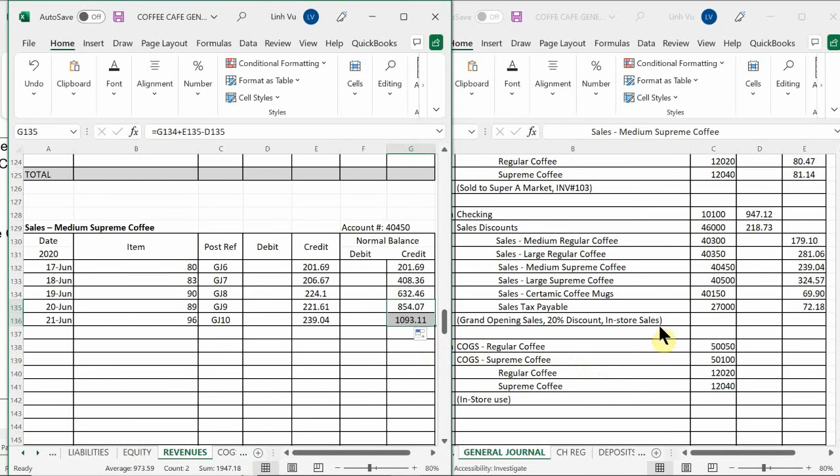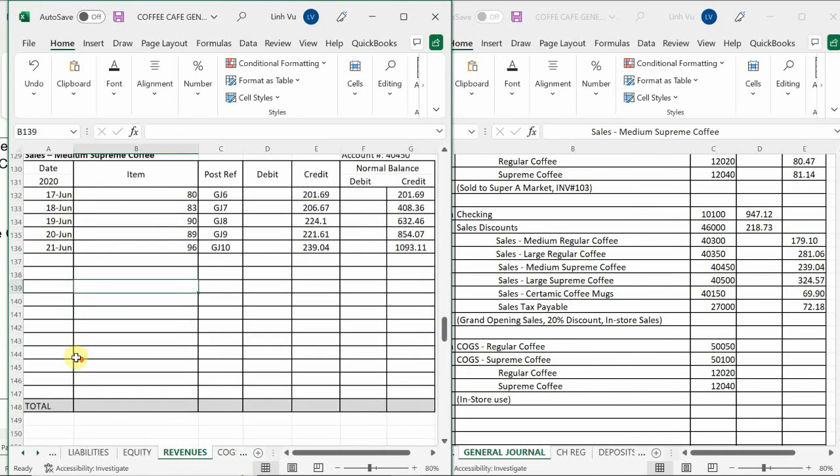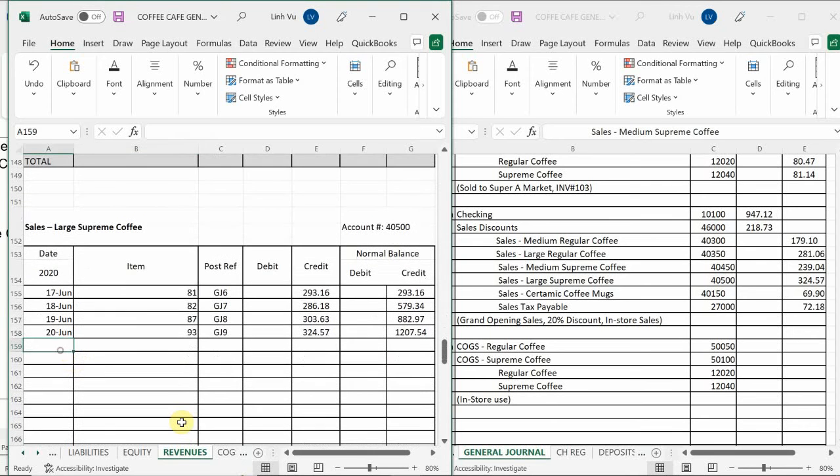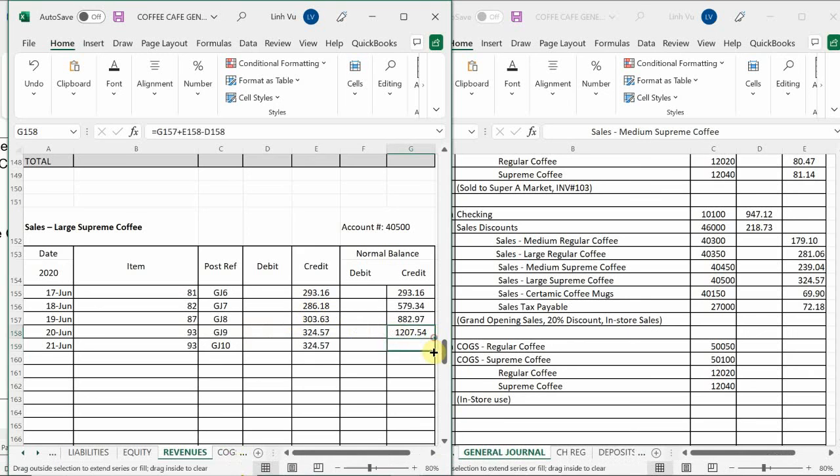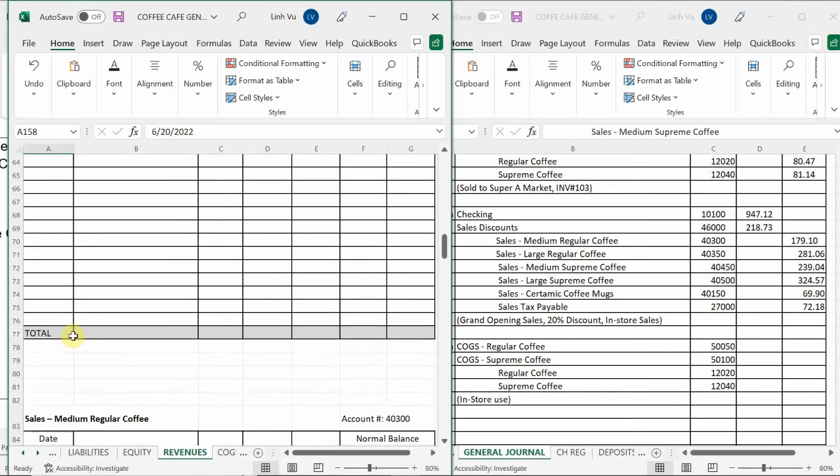Good. And then large, 93 cups, page 10, same one above, 324.57. And then total 1532.11. Good. And then go back to the ceramic coffee mug sale.